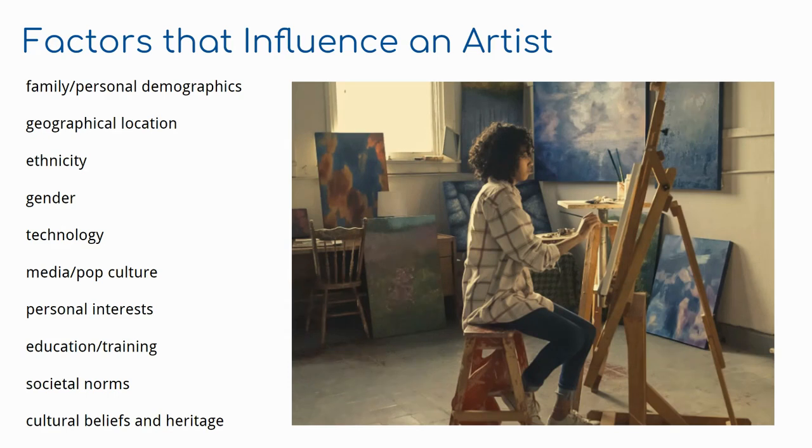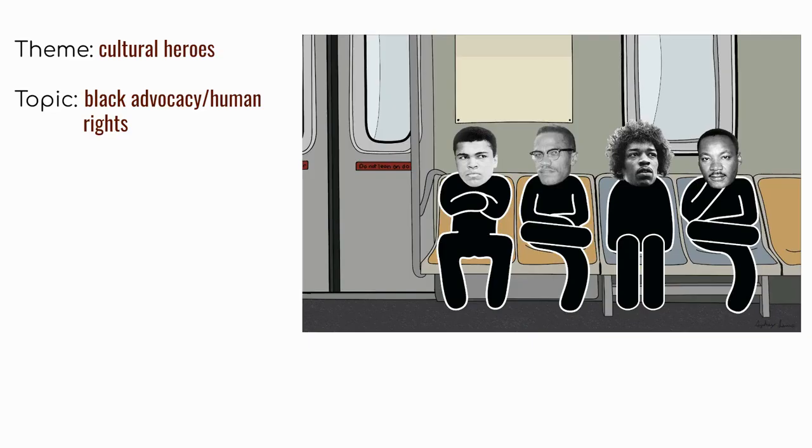And then, of course, what kind of training an artist has is going to influence what they're capable of doing, or what kind of art they're interested in creating. Societal norms, cultural beliefs, and heritage. So, factors that influence an artist's artwork. And that's what I want you to just allow to happen, and it will naturally.